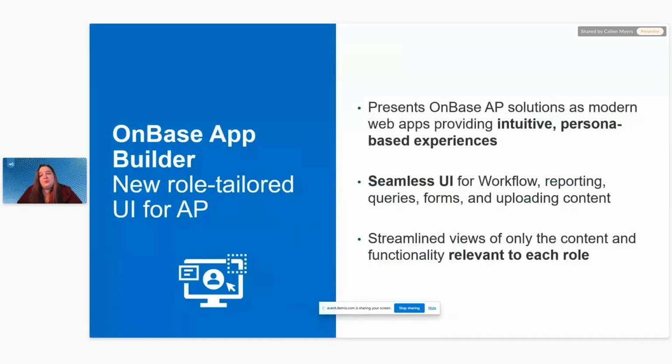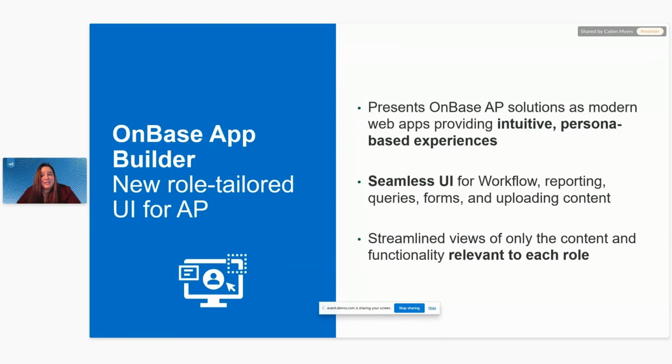The OnBase App Builder brings a new primary UI to the AP automation with a simplified layout designed specifically for those AP users. OnBase AP solutions are presented as modern web apps, providing intuitive experiences that include workflow, reporting, queries, forms, and the ability to upload content.